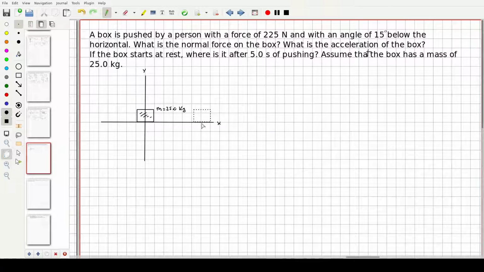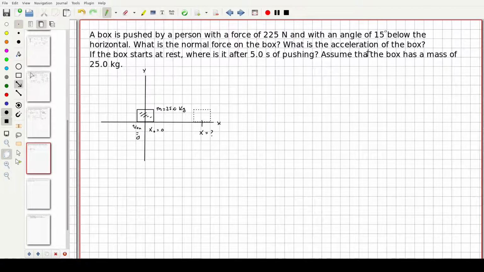Now at this point right here, position X, which we don't know, we're trying to find that. We have a velocity initially in the x direction that's 0. We're going to let this thing start off at the origin. Now our push here is 225 newtons, but it sits at an angle of 15 degrees below the horizontal.